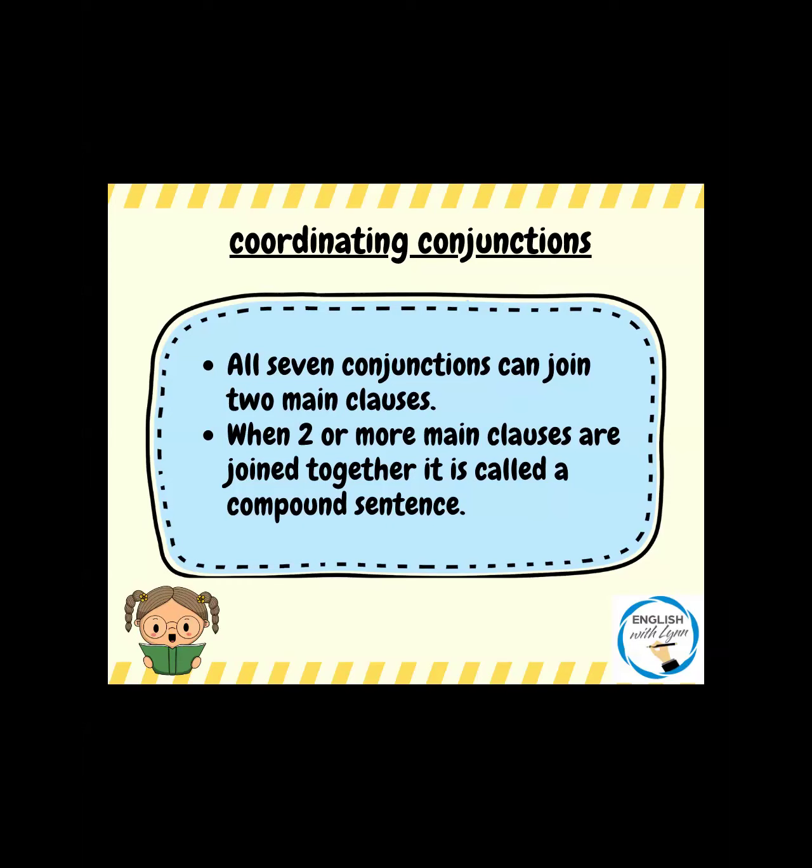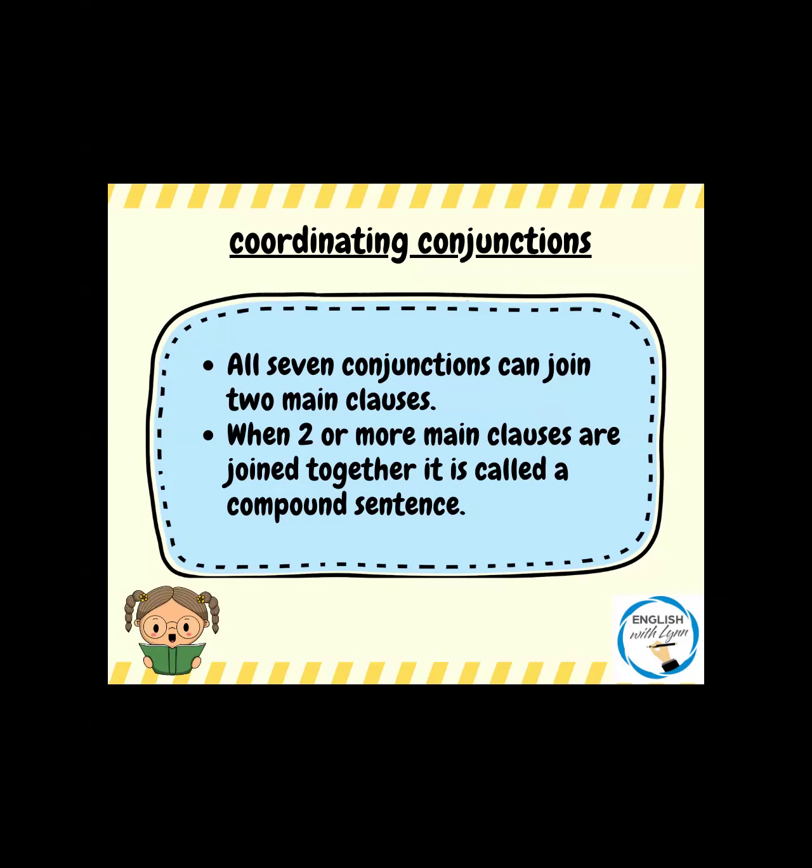So what we looked at first of all were the simple sentences where we had one idea. Now, compound sentences are where I have 2 ideas, but they are linked in some way. And I would use my FANBOYS conjunction to link them.